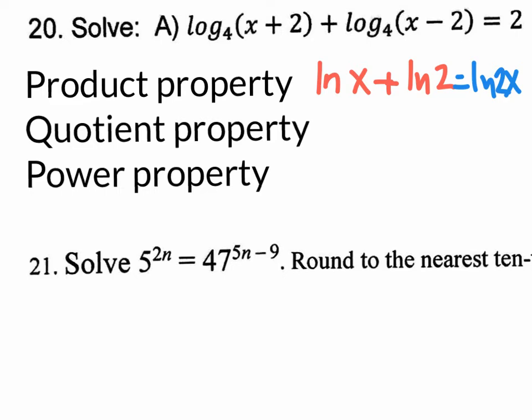The quotient property is the same thing. That's where you have something like, let me use a and b, ln of a minus ln of b, and you could condense that, and all you have to do is put the a over b. Quotient means division, so that's really going to be ln of a over b. And the power property, that one's easy also.